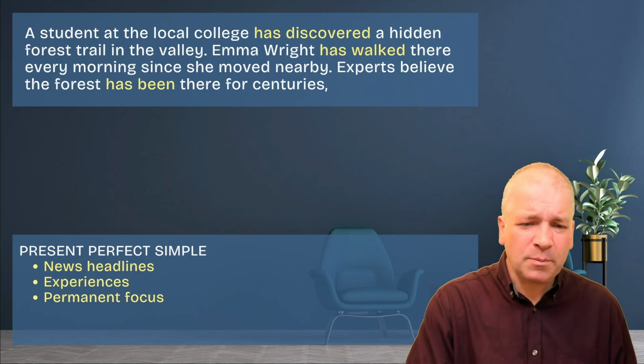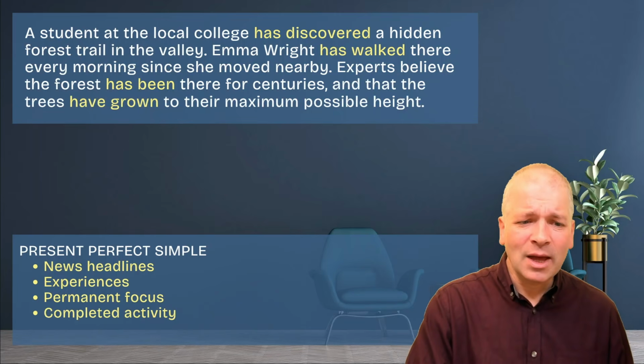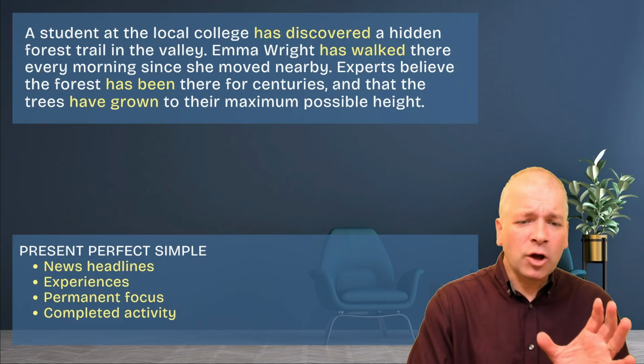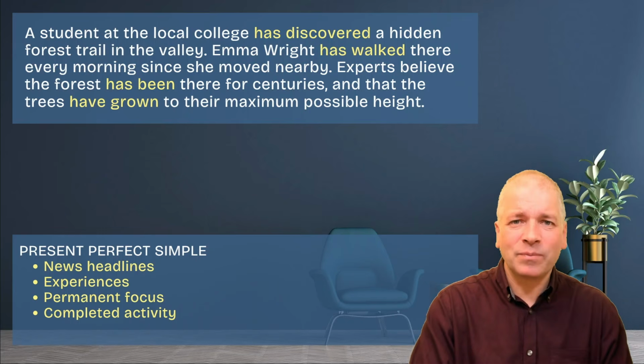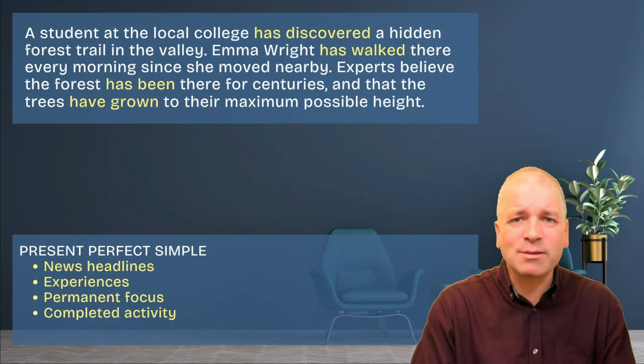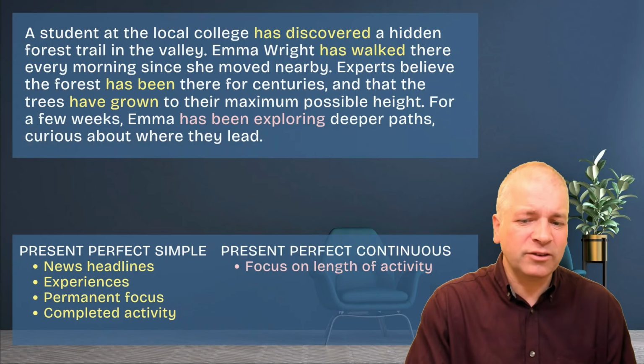So use the present perfect simple to focus on the fact it feels like a permanent thing. And that the trees have grown to their maximum possible height. Now, grown to their maximum possible height, there's a focus on the fact that it's completed. The growing has stopped. And this is an important contrast with the present perfect continuous.